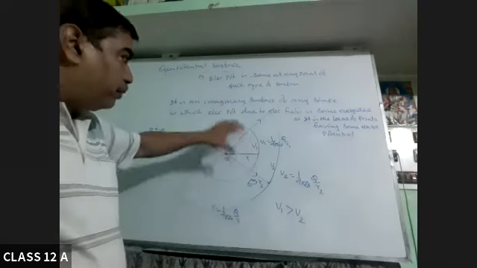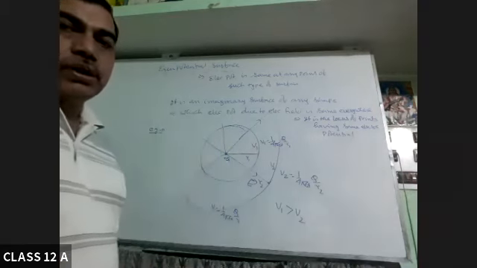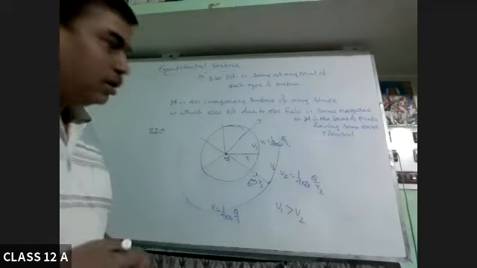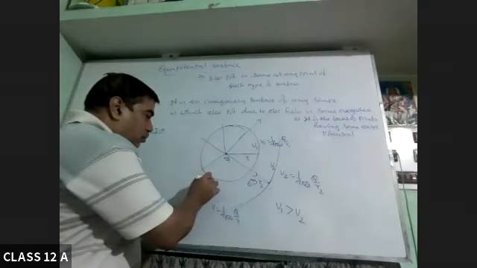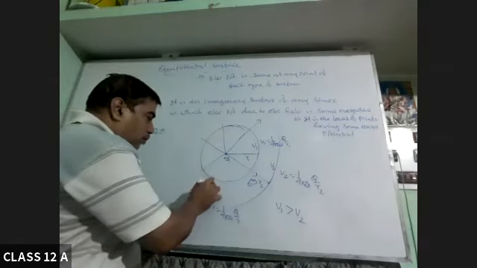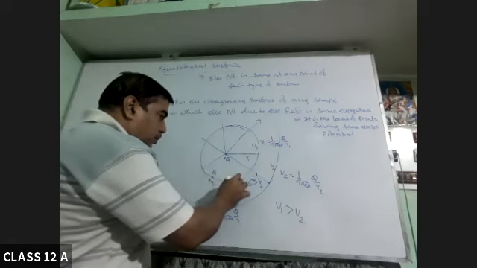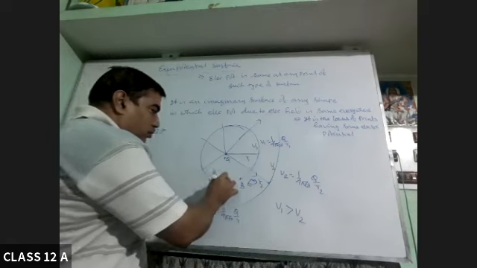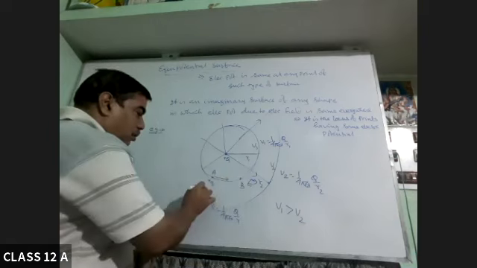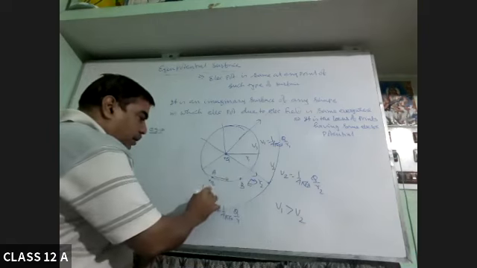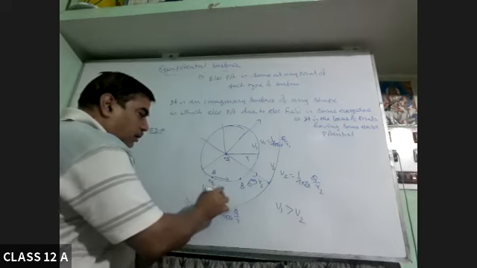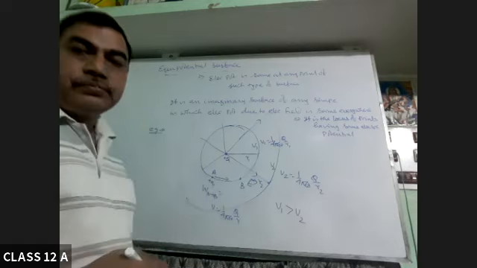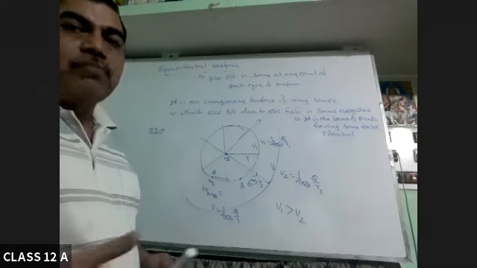Now what are the properties of this equipotential surface? Suppose we want to move a charged particle plus Q from this point A to this point B. How much work do we have to do? Work done from A to B, by the electric field or by an external agent?